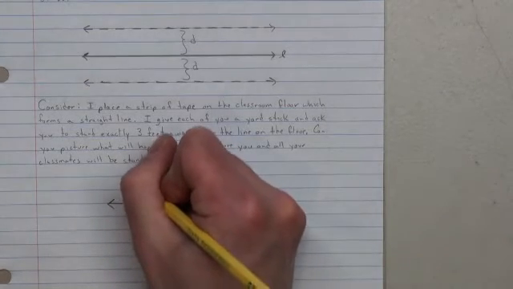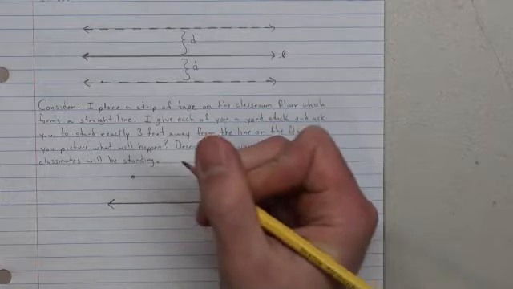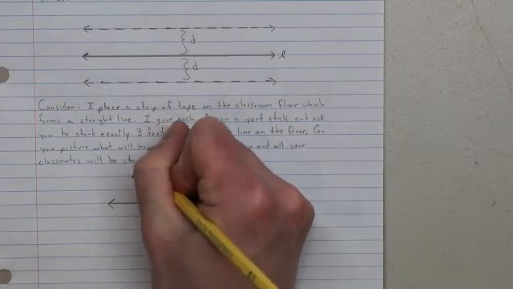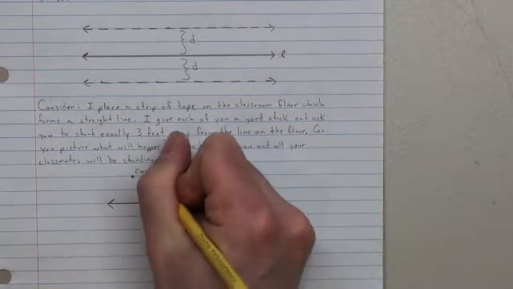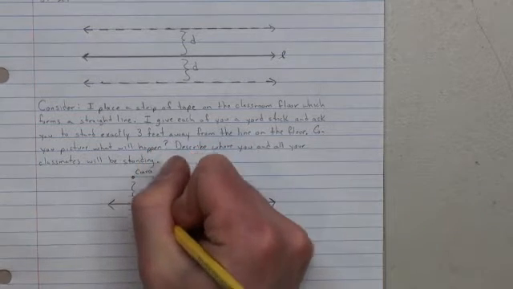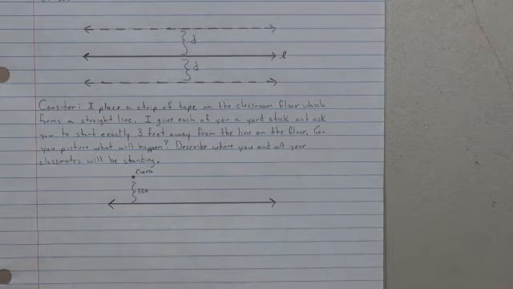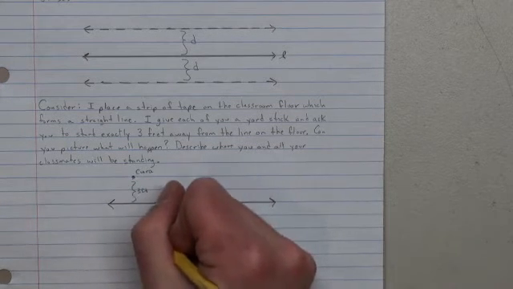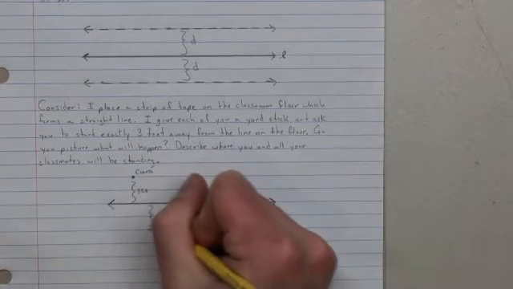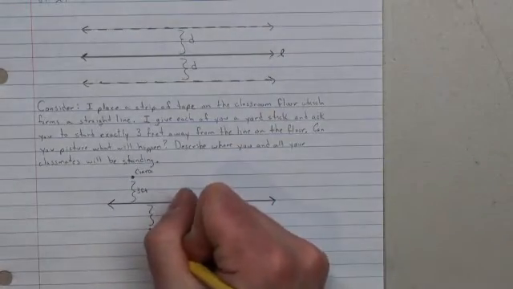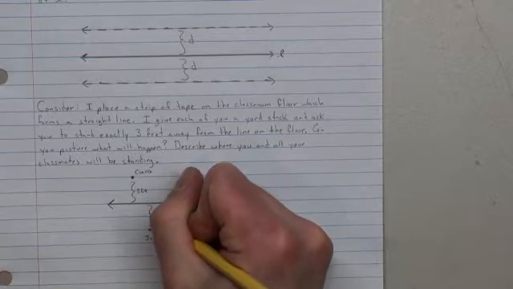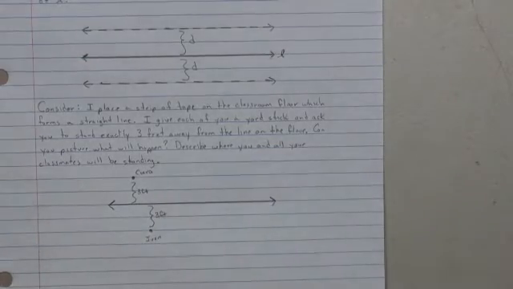So let's pretend this is right here. This is Kira, okay? And she stands 3 feet from the line. She stands on this side of the line 3 feet away. Alright? Now let's say down here, I have Ivan. He stands 3 feet away from the line also, but on this side.